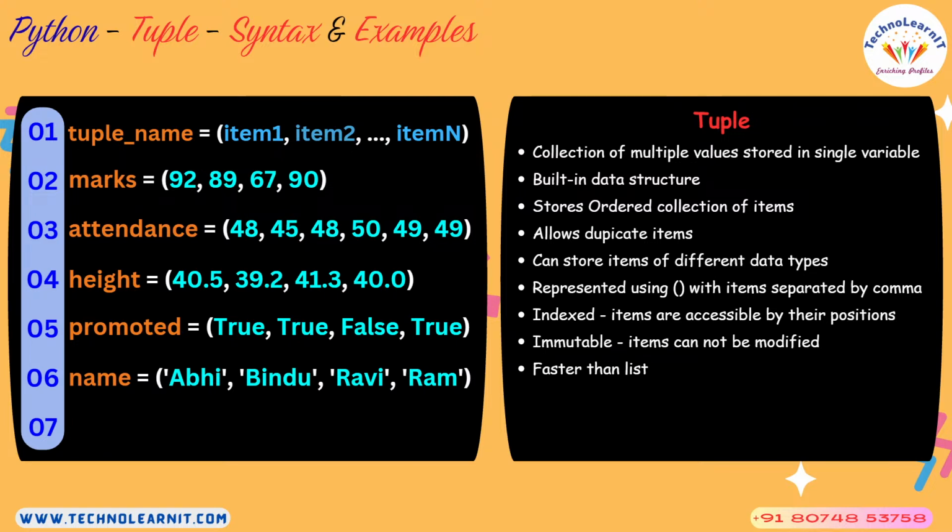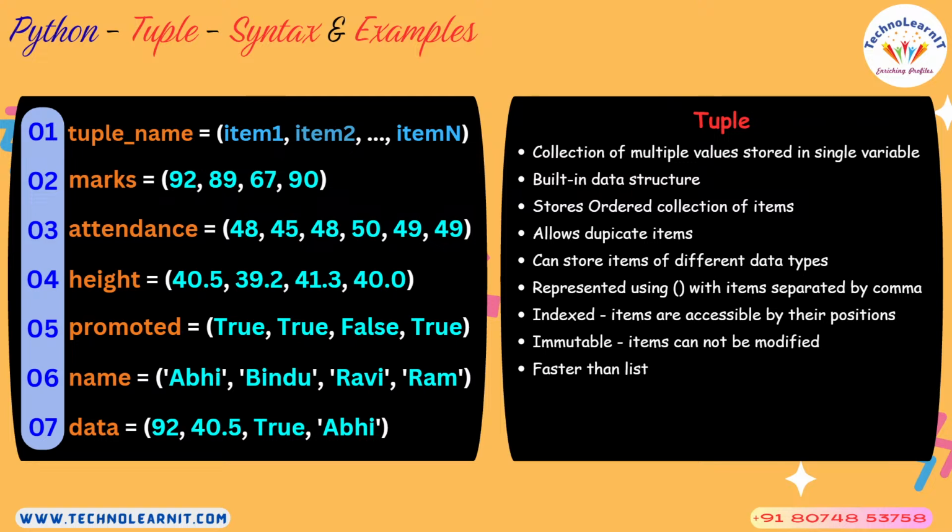So statement 2, it is a tuple of integers. Statement 3, tuple of integers again. Statement 4, tuple of floats. Statement 5, tuple of booleans. Statement 6, tuple of strings. And since tuple can support its items to be of different data type, on statement 7 you can see an example, the tuple named data, which has different types of data associated with it, right?